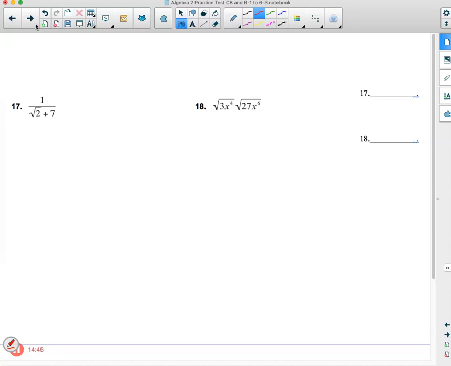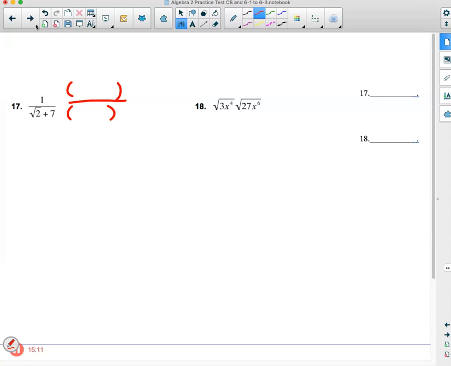What's the issue with this one? Yeah. So we have to figure out what could we multiply by that would make it so there won't be a square root on the bottom anymore. Test-taking strategy. Didn't we just do something where we multiplied a couple of square root thingies together and we got a nice number back?